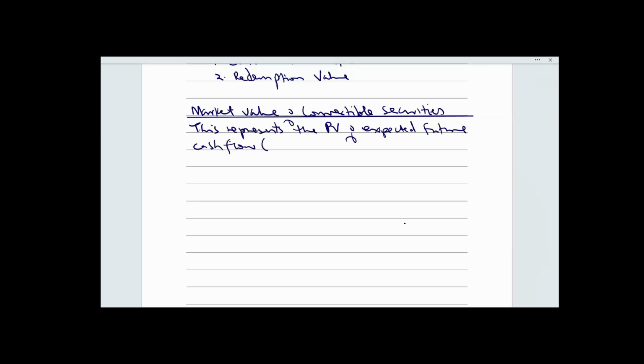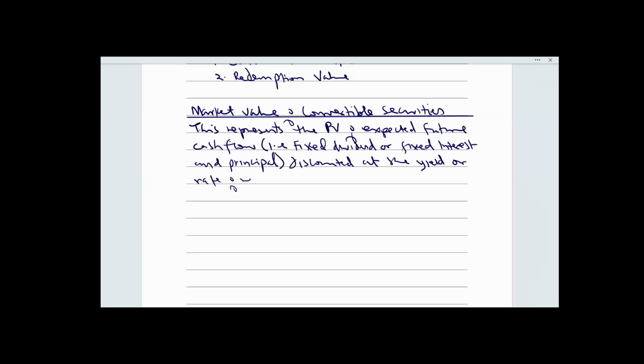What are the future cash flows? The future cash flow can be a fixed dividend if it is preference share, or fixed interest if it is debt, and the principal, discounted at the yield or rate of return on the security.